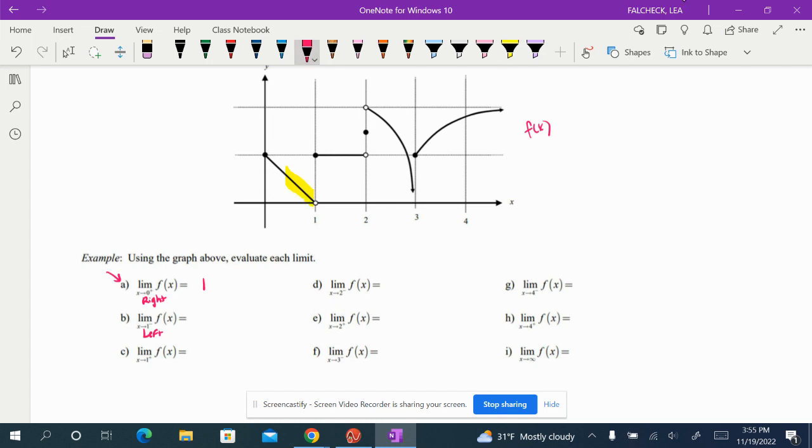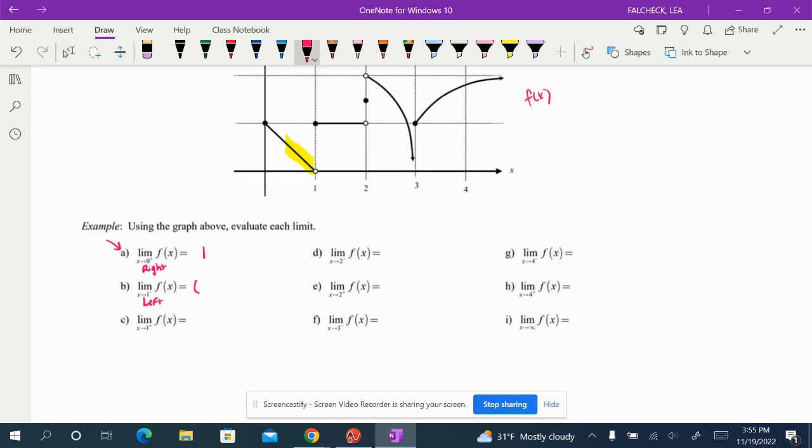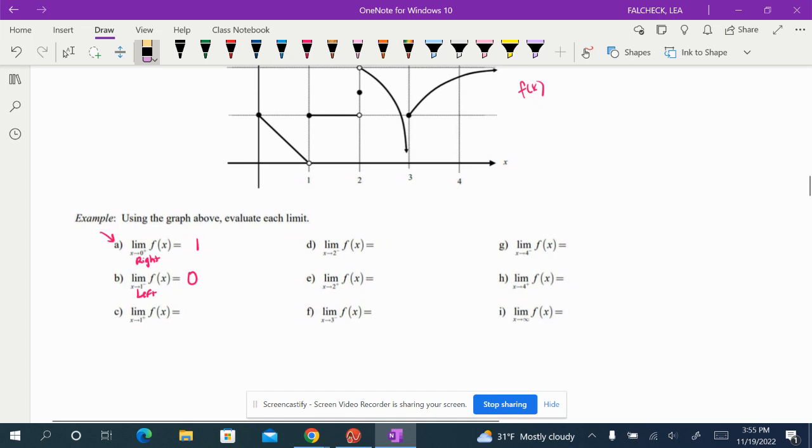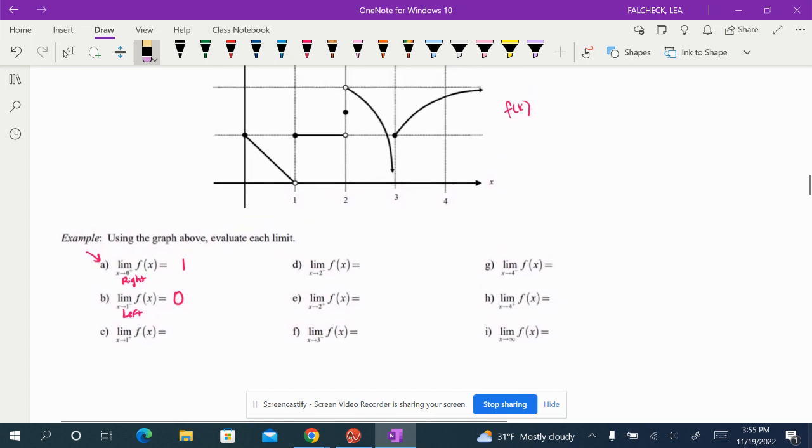So we would say that the limit as x approaches 1 from the left of f of x is 0. Part C, the limit as x approaches 1 from the right of f of x. So now we're going to 1 on the x-axis, and we are coming in from the right. It looks like the y value the function is trying to get to is just plain old 1.